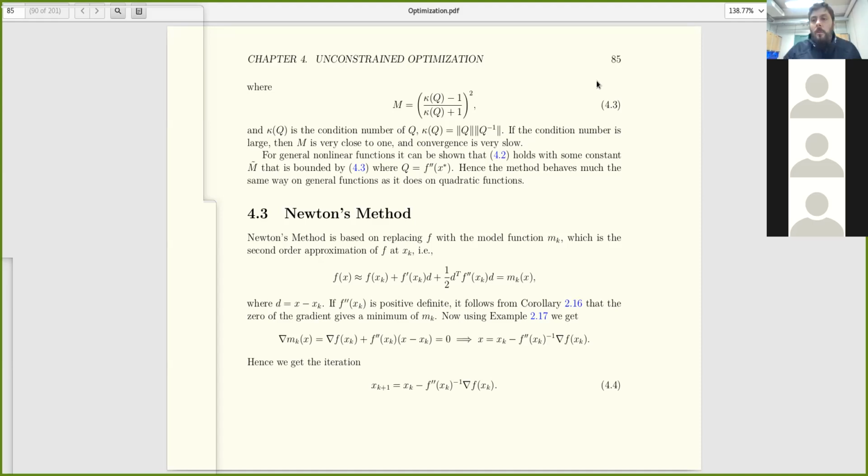So what does this do? It takes into account the fact that, let's just directly compare this to what happens in the gradient method. In the gradient method, we first take the negative of the gradient.